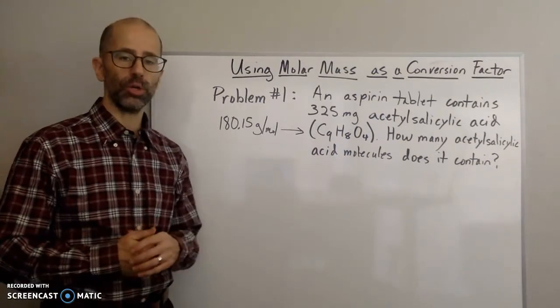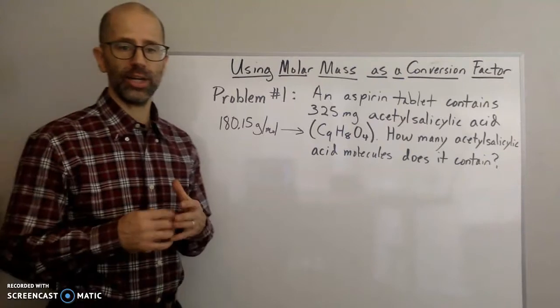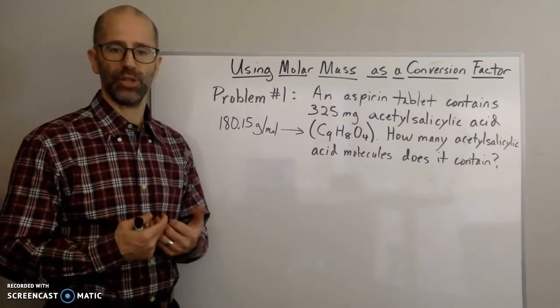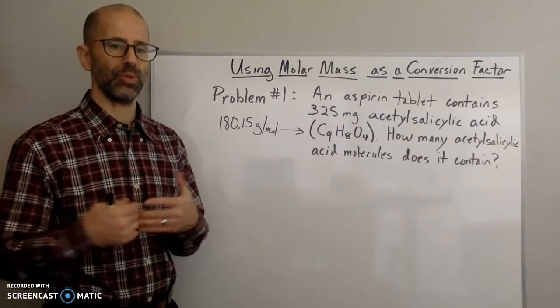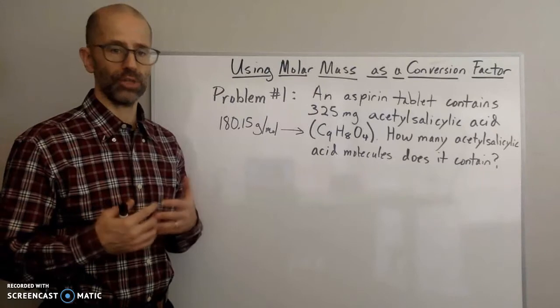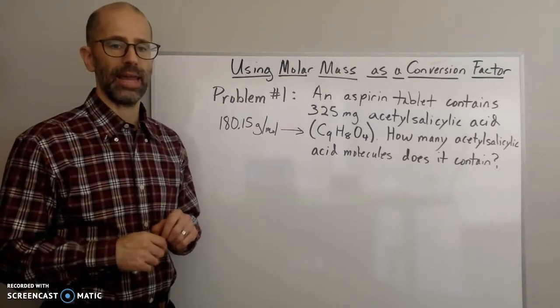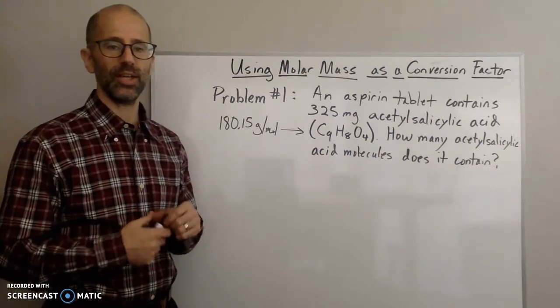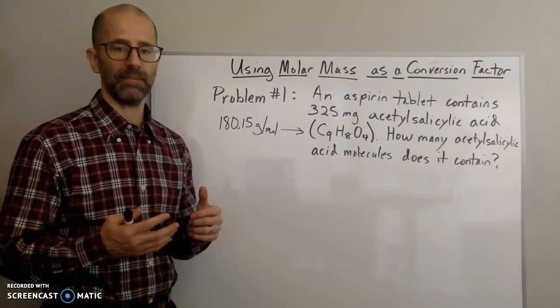So here we have a word problem. Again, the way you're going to attack word problems is you pull out the information that gives you a relationship between things, and then that's going to be used as your conversion factors. And then you find the question. The question is going to tell you where to end and where to begin, right?